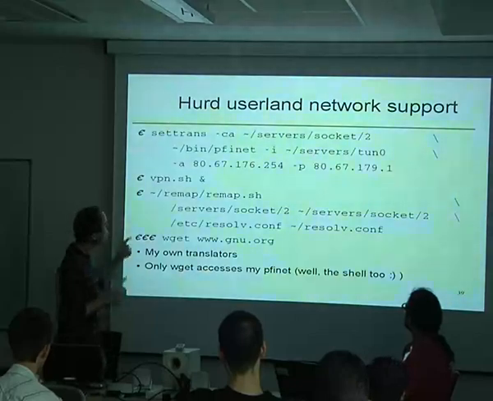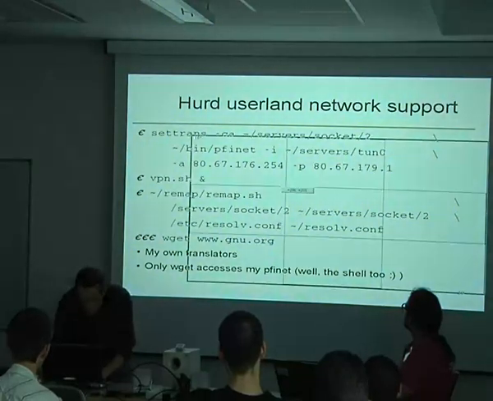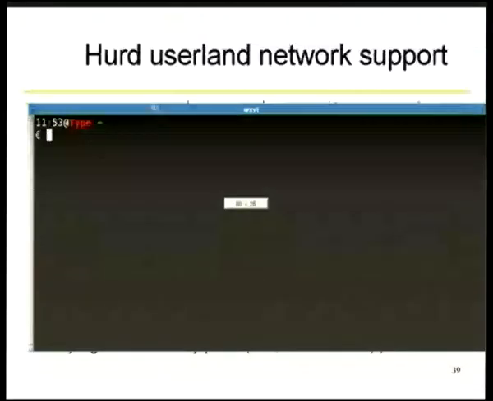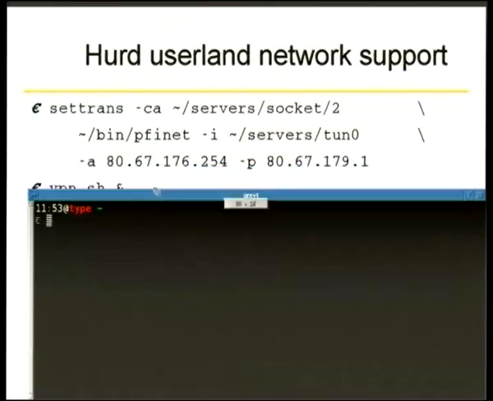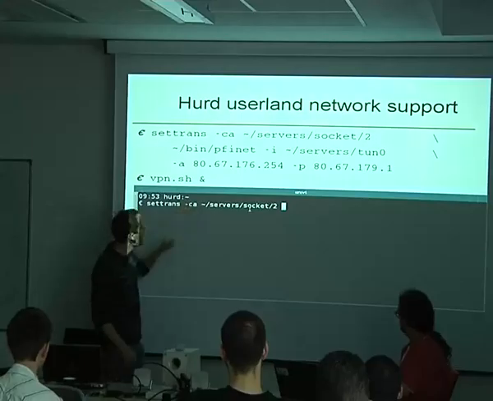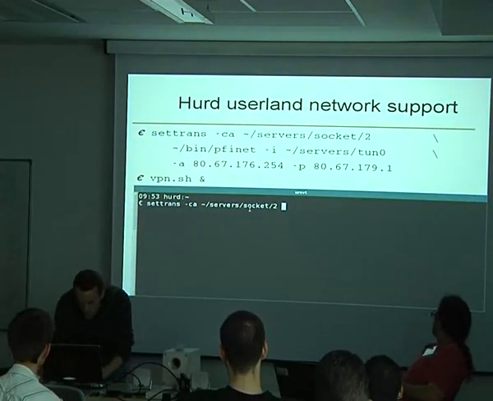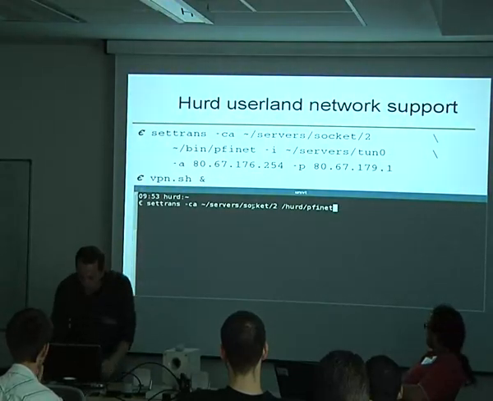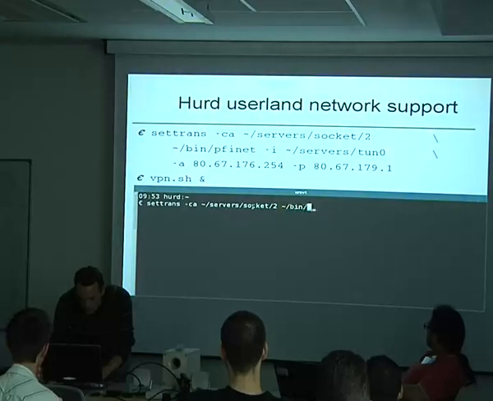So we first start the TCP/IP stack, actually. I'm creating a node and starting it, and I could have used the standard PFINet stack, but there's a bug I fixed yesterday, so I rather use my own.